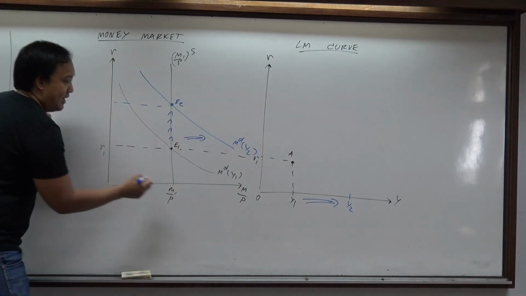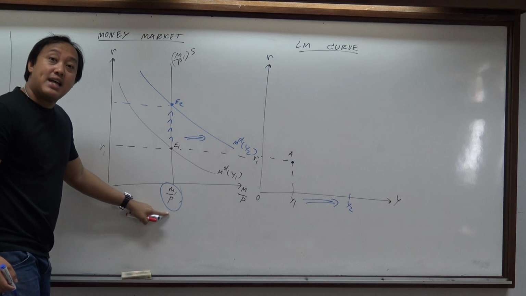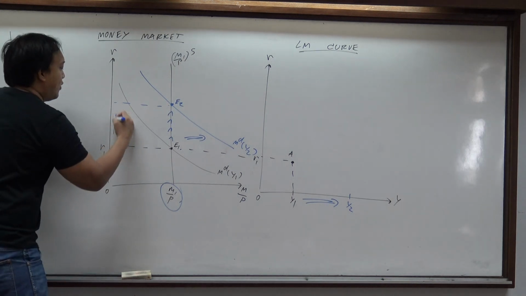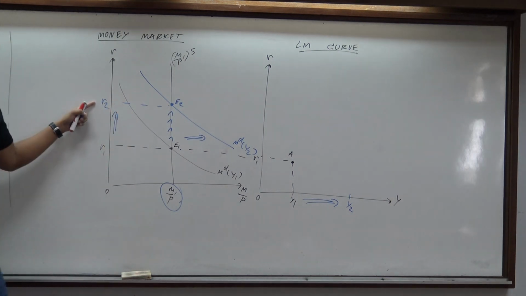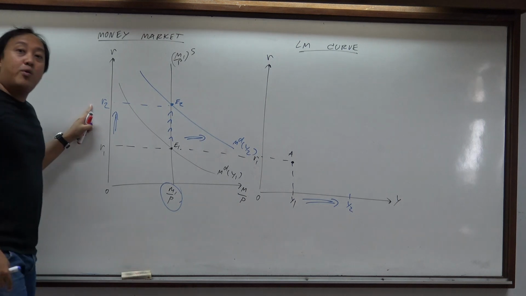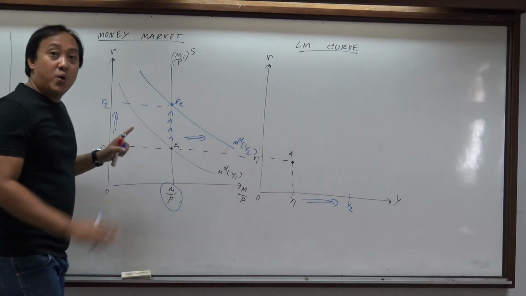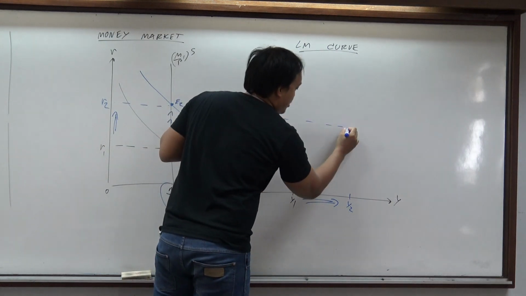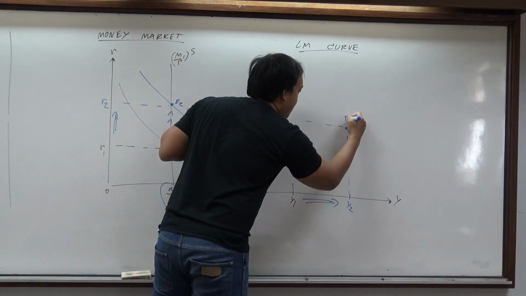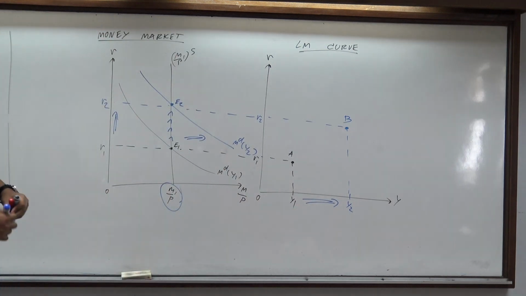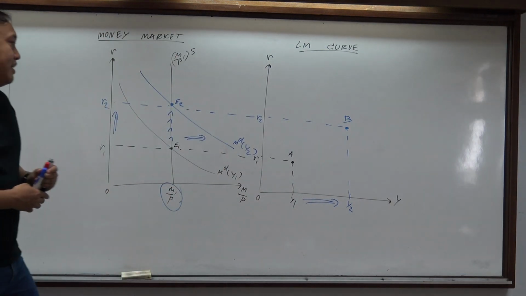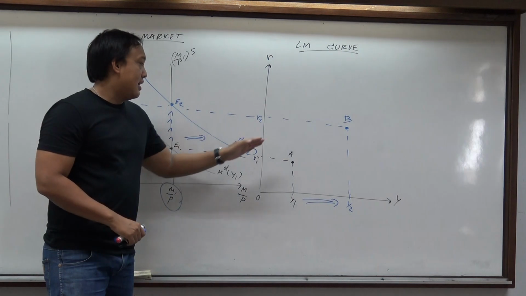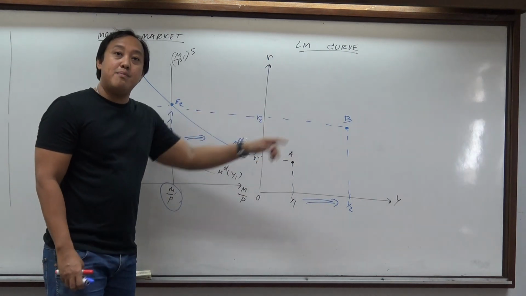As a consequence, the amount of money in the economy is still the same, but the real interest rate goes up from R1 to R2. Link it to the right: R2, because GDP increased to Y2, I got point B. Okay, I got point A, I got point B.